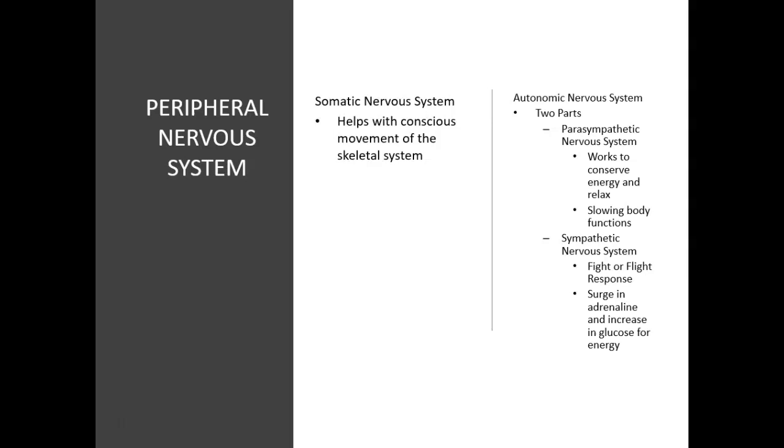Parasympathetic works to conserve energy and relax and to slow body functions, and the sympathetic nervous system is your fight or flight response. So when you have an adrenaline rush, that's coming from the sympathetic nervous system, which is a part of the autonomic nervous system. And back to parasympathetic. Parasympathetic is the one part that settles you down after you've had that adrenaline rush.